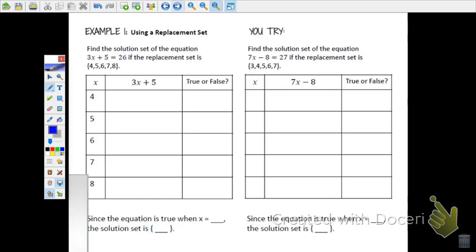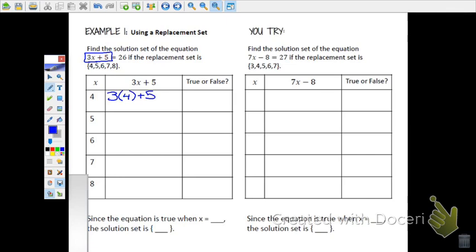In this first column, those numbers in the replacement set, numbers 4 through 8, have been placed in there. What we're going to do now is just substitute it in. So in the middle, we see the left-hand side of our equation, 3x plus 5. So we're going to substitute the 4 in place of the x. So I have 3 times 4 plus 5.